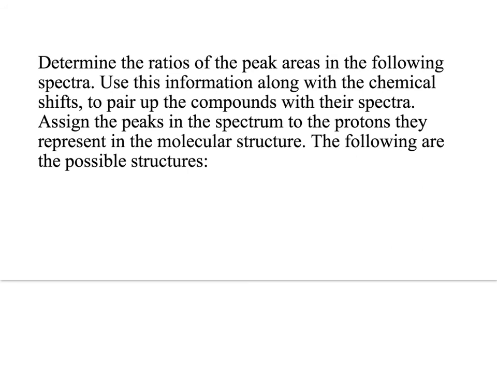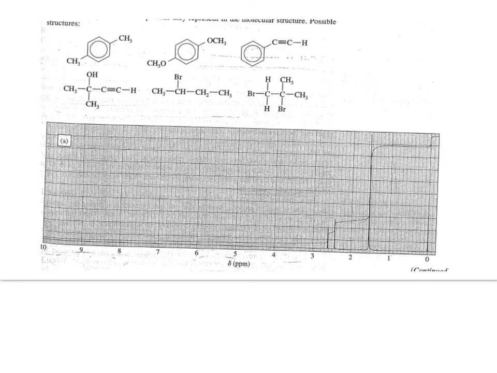Determine the ratios of peak areas in the following spectra. Use this information along with the chemical shifts to pair up the spectra with the compounds. All right, so looking at these, let's just go ahead and do their chemical shifts. As you can see, you're going to have a peak here and a peak there.